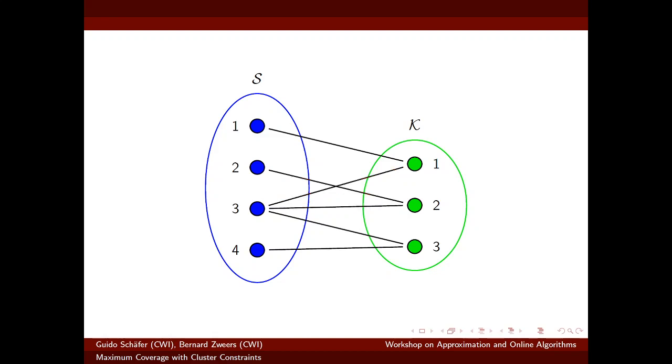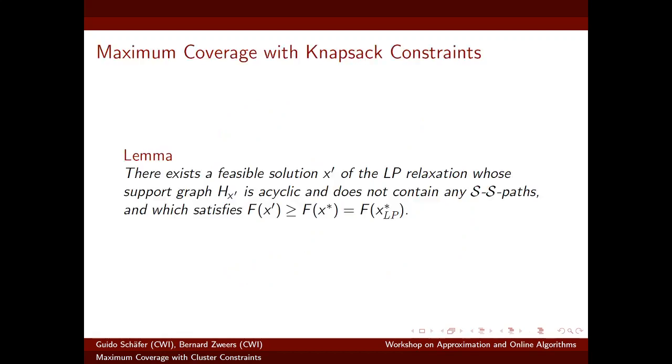Well, now we have this graph, no cycles anymore. Then there's the next lemma, and it says there exists a feasible solution of the LP relaxation whose support graph is acyclic and doesn't contain any SS paths, and whose solution for the Pipage Rounding formulation is at least the Pipage Rounding formulation of the LP relaxation.